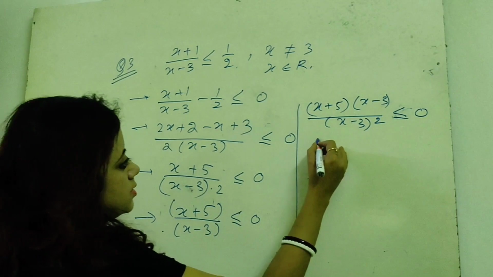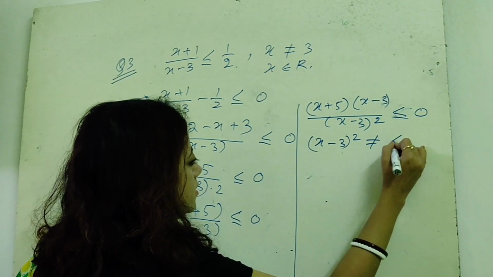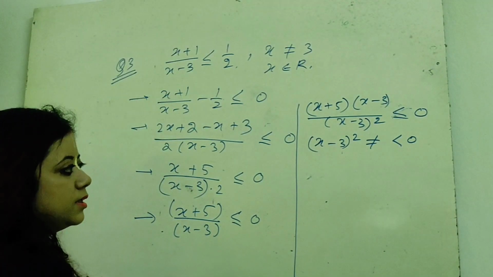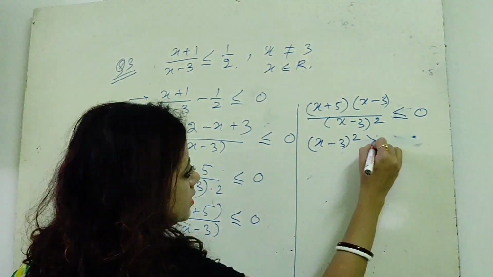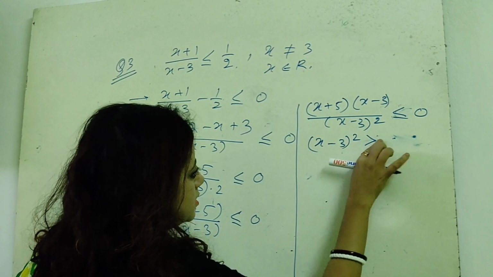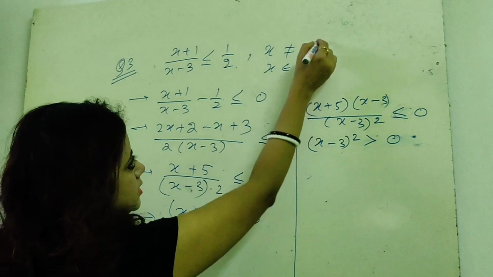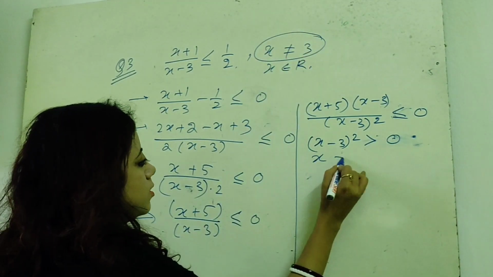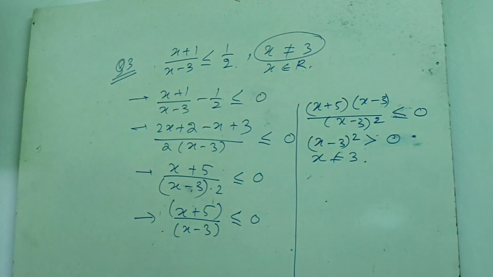So as the denominator is a square, it is not less than 0. You can say it is always greater than 0. And as it is in the denominator, it is already given that x is not equal to 3. So x minus 3 whole square greater than 0.